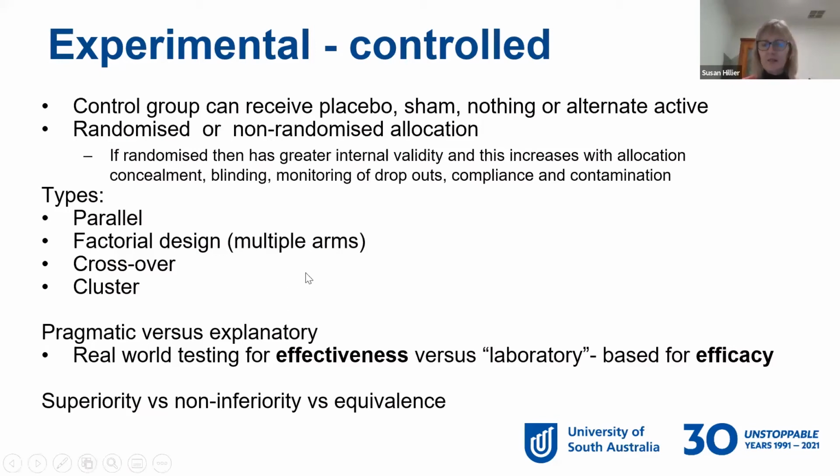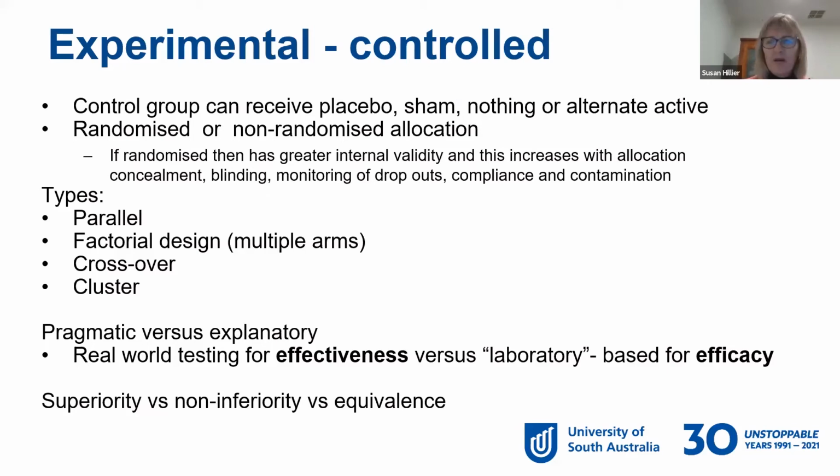Now, cluster randomised controlled trials are another very pragmatic approach to investigating interventions, and we use these particularly where we are concerned about contamination, particularly where an intervention is housed in a particular service or in a particular institution.